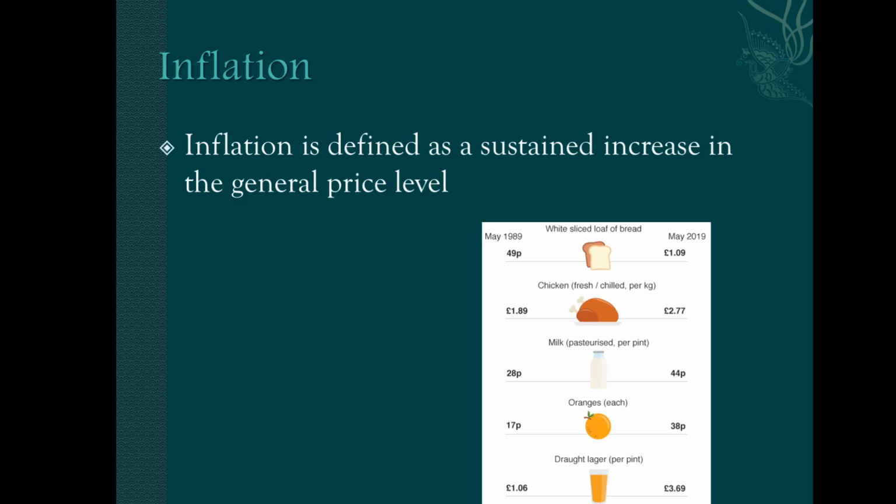From Michelle's answer, it's about the average level of prices. Here all the food prices are increasing, but maybe some other products or services are actually decreasing in price. At the end, when we come up with the average price level, it's still increasing, and that's why we call that inflation.